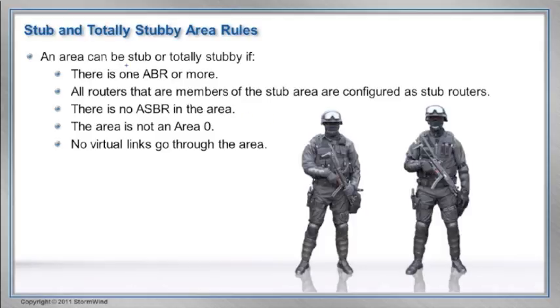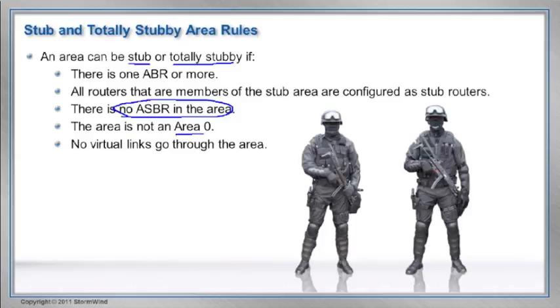For the stub or totally stub, we can't have an ASBR. Yeah, the autonomous system boundary router wouldn't make sense in those particular areas because, as you're about to see, in those particular areas, we're going to be filtering out Type 5 LSAs.